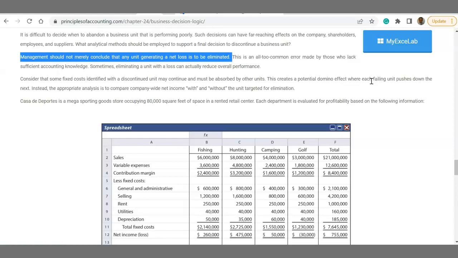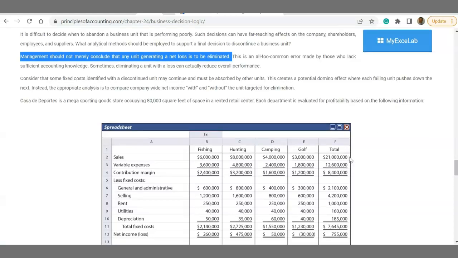Instead, the appropriate analysis is to compare company-wide net income with and without the unit targeted for elimination. Casa de Deportes, the company, is a mega sporting goods store occupying 80,000 square feet of space in a rented retail location.